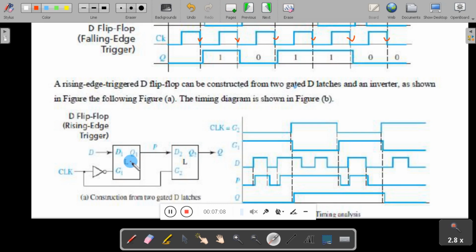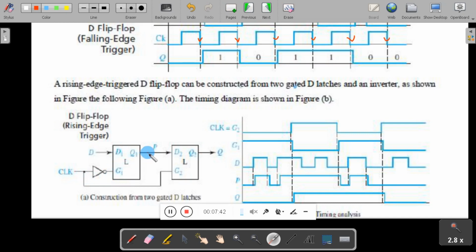So let's see now how exactly both latches will work during the positive clock and negative clock, by referring to this timing diagram. The timing diagram is shown here. When clock signal is 0, G1 becomes 1, and this first latch is transparent.